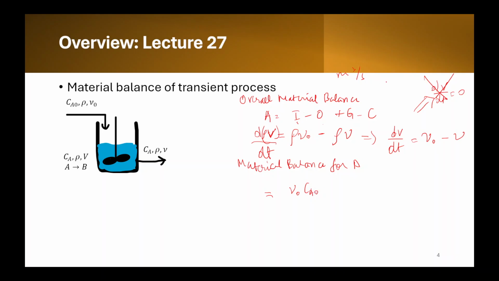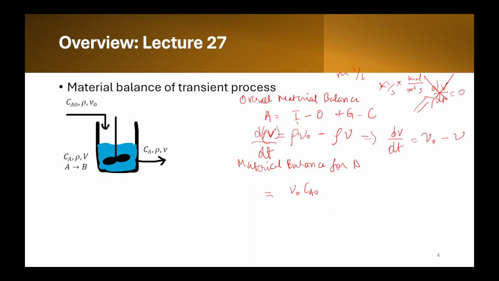How that comes to be is that this nu naught is meter cube per second in terms of unit, and Ca naught will be, suppose, mole per meter cube. So meter cube per meter cube gets cancelled. This will be mole per second only.